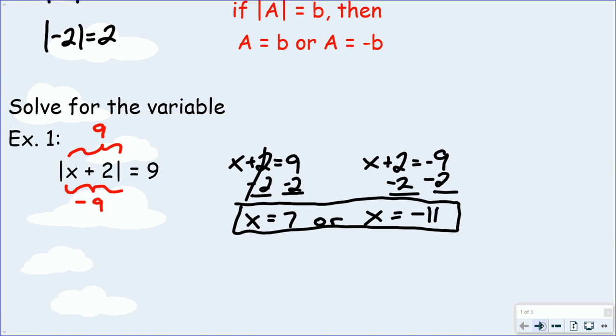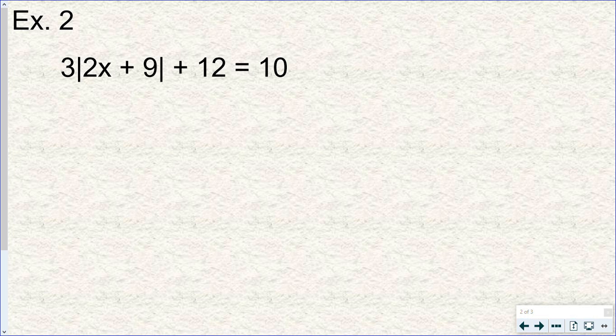All right, so let's look at another one. In this one, we've got some other stuff over here besides the absolute value. So what you want to do is get the absolute value piece by itself. Then we're going to break it apart into the two pieces. So we need to get rid of this plus 12, and we need to get rid of this 3.